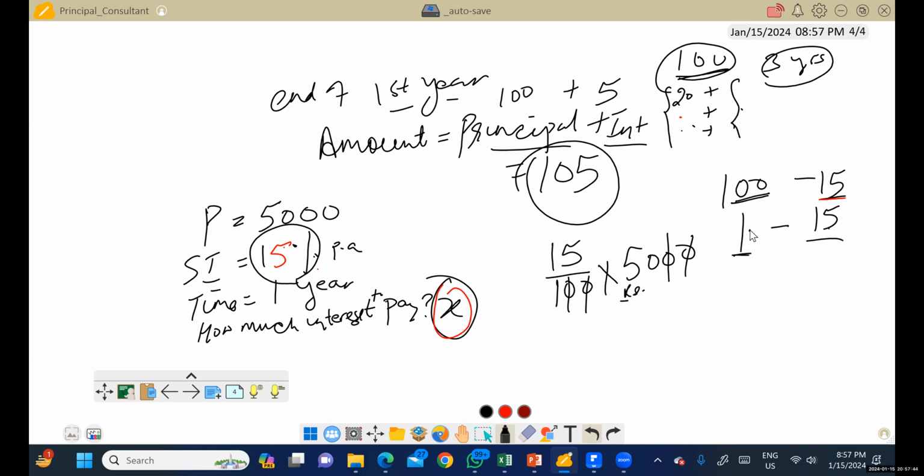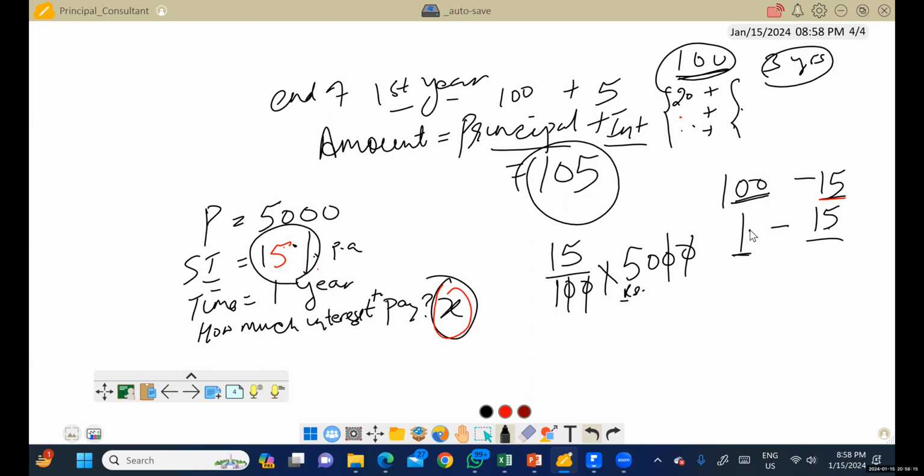I'm saying, beta, out of every 100 rupees I borrow, I'm paying 15 rupees. It's a percentage, 15%. If I'm trying to find out for 1 rupee, will I pay more interest or less interest to the bank?